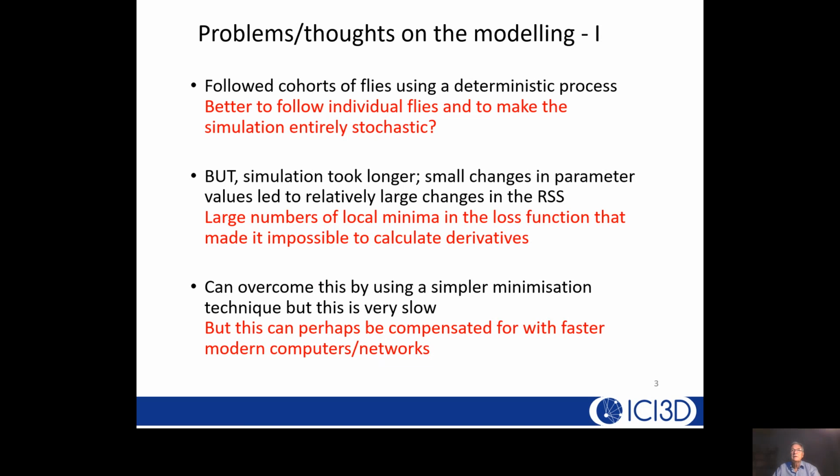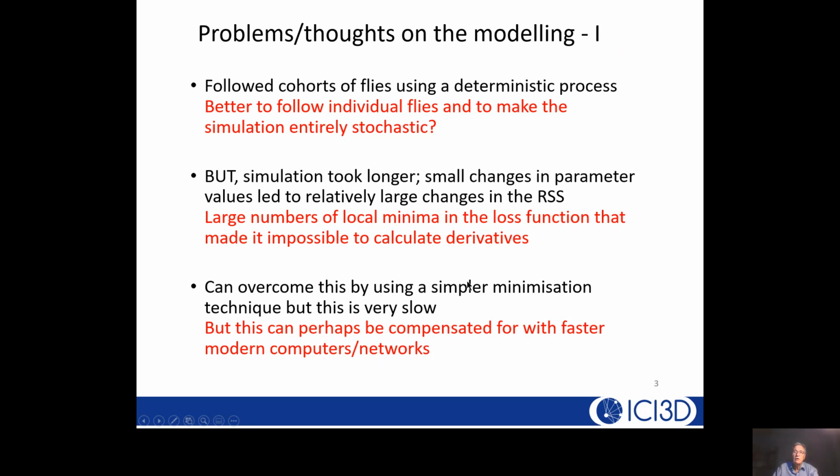So let's think about what we did. We followed cohorts of flies using a deterministic process, and we know that actually it would have been better, or possibly better, to follow individual flies and to make the simulation process entirely stochastic. But the simulation would have taken longer. Small changes in parameter values led to relatively large changes in the residual sums of squares when we actually did try to do that.